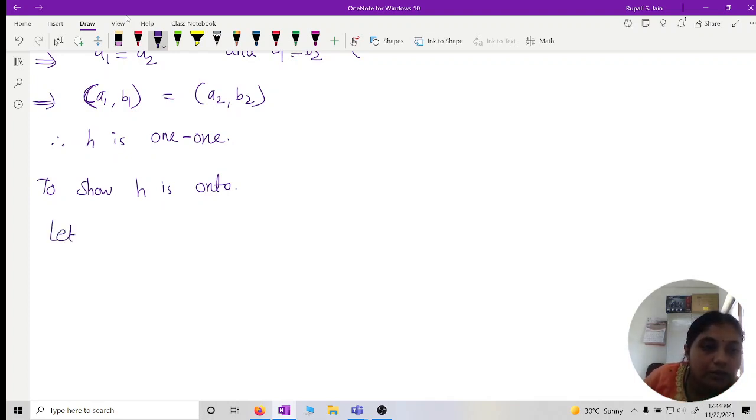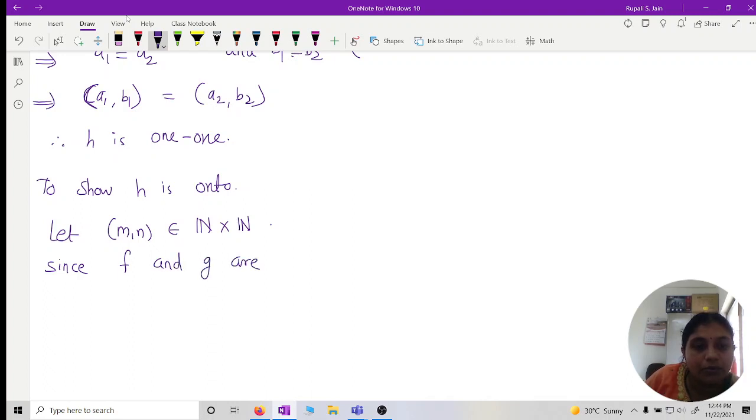Let (m, n) belong to N cross N. Since f and g are onto, there exist a belonging to A and b belonging to B such that f of a is equal to m and g of b is equal to n.